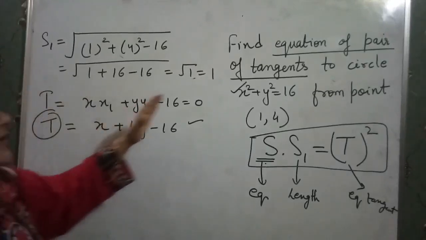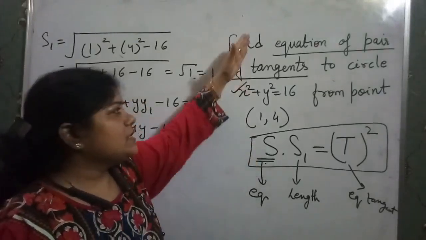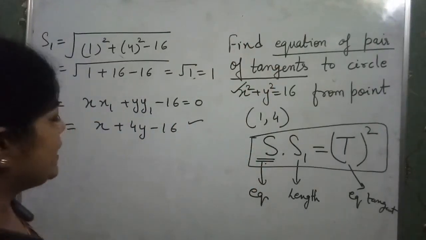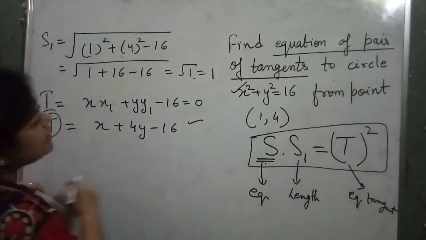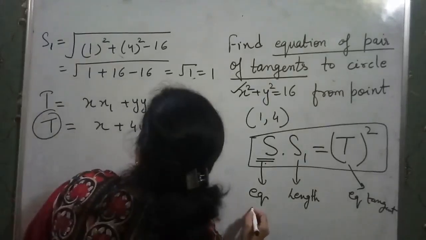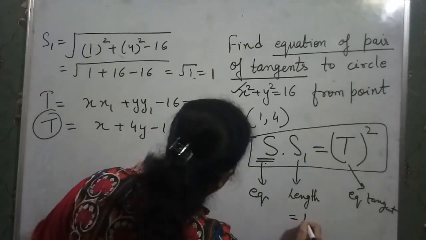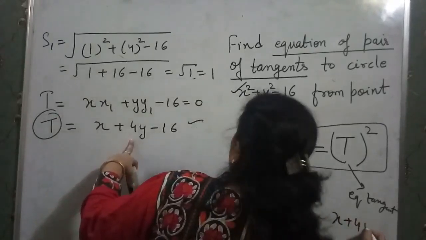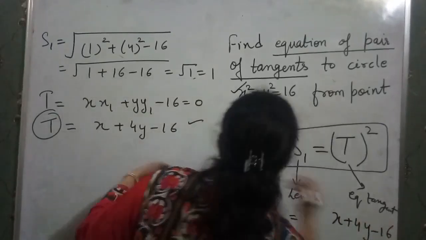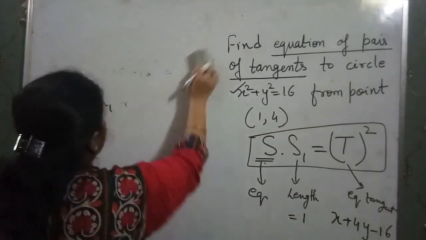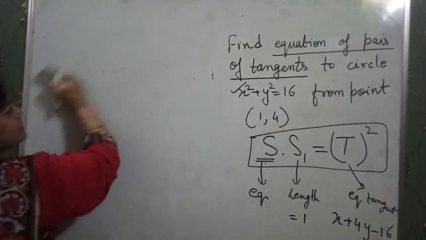Now putting all the values in this equation, we easily get the equation of the pair of tangents. For that, I just write over here, the value of S1 is 1. The equation of tangent is x plus 4y minus 16. Now, we just find the equation of the pair of tangents.